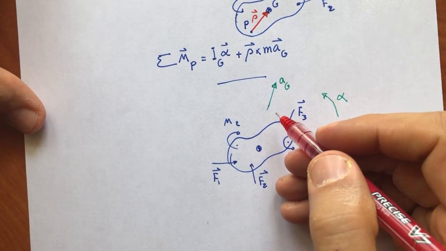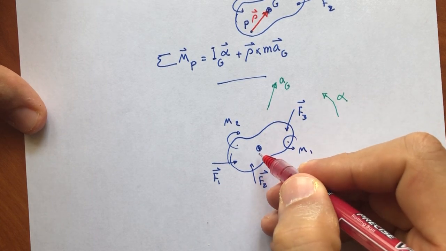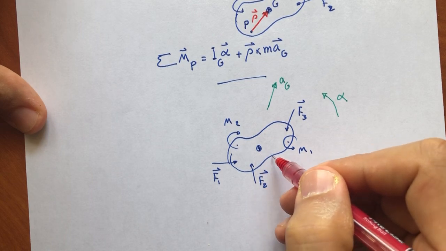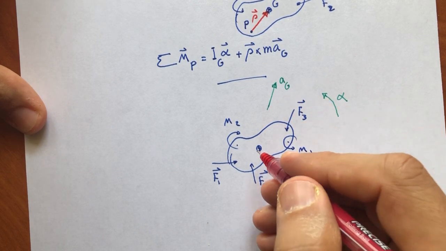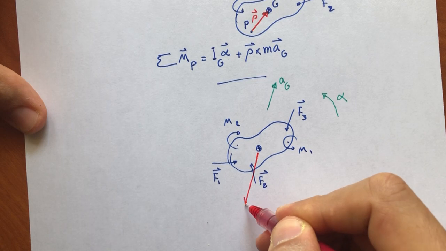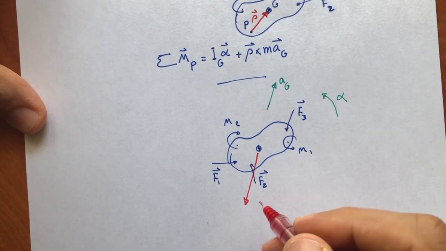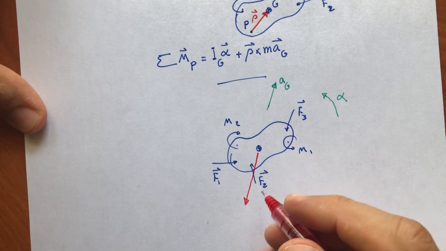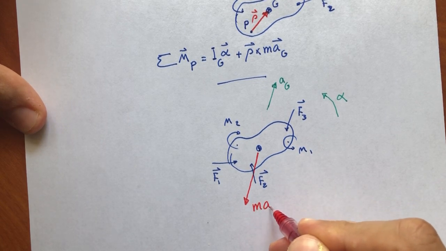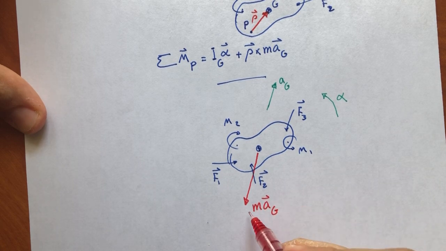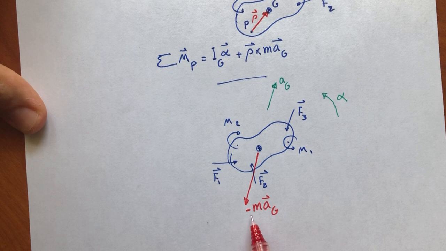What is that trick? We need to add an imaginary force to the centroid with the magnitude of m times acceleration of the centroid, but in the opposite direction. So if the acceleration is in that direction, then I'm going to add this imaginary force to this rigid body. Mass times acceleration of the centroid. Actually, to make it more accurate, negative m times acceleration of the centroid.